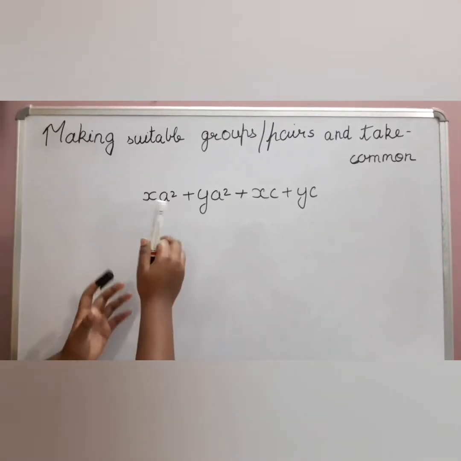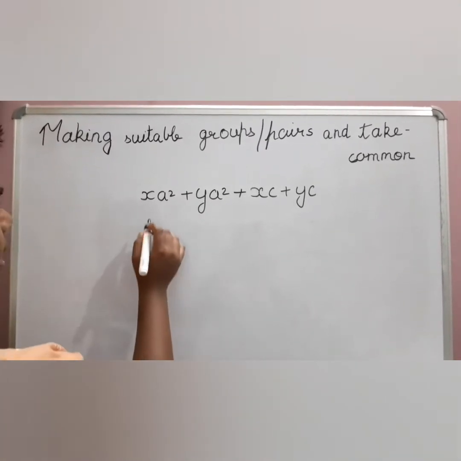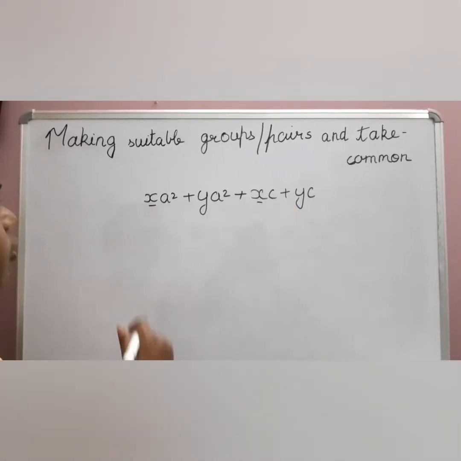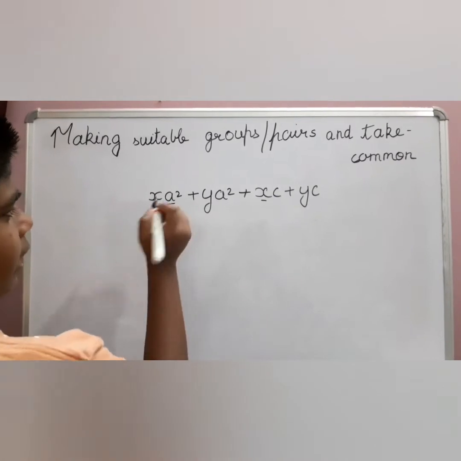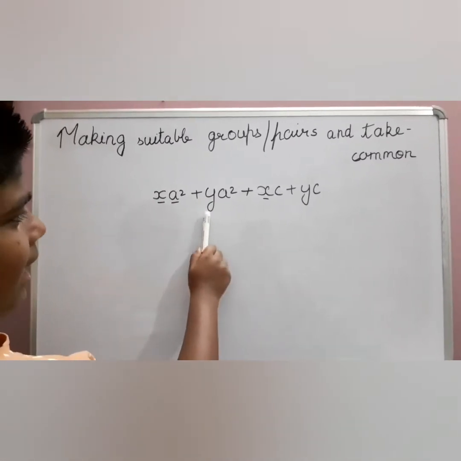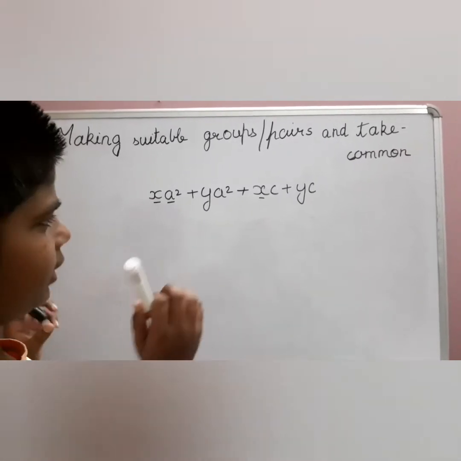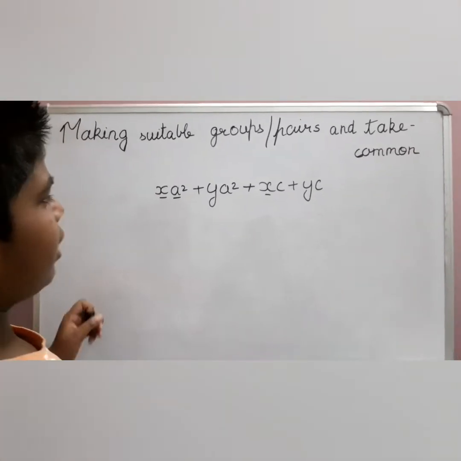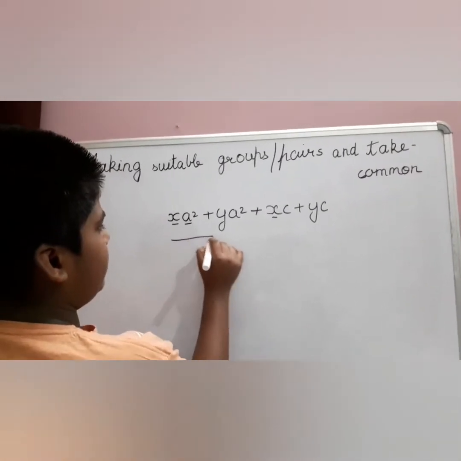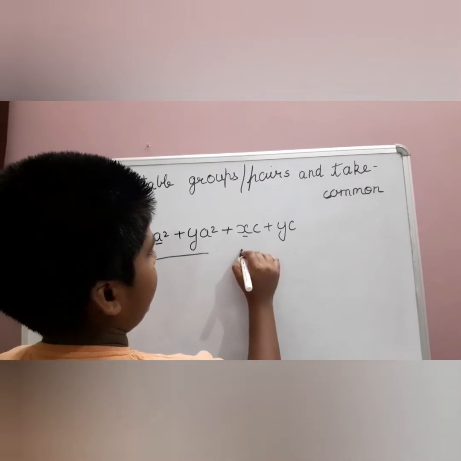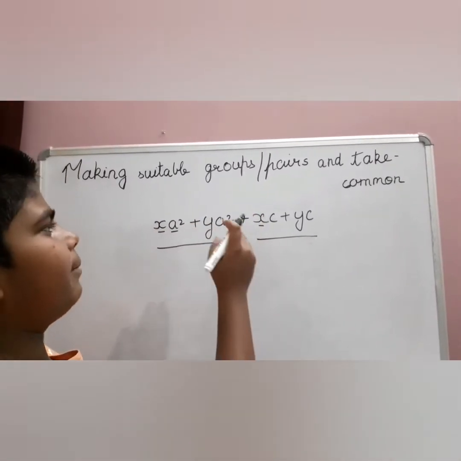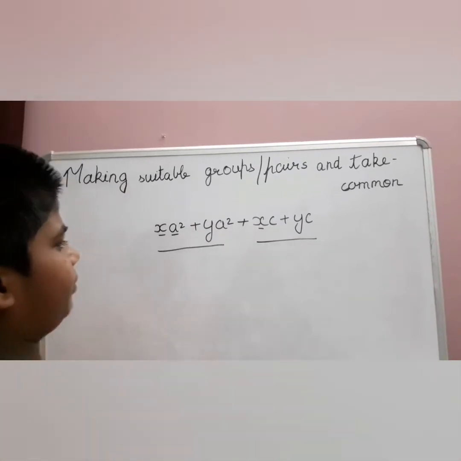Now here you will get stuck, because if you take x common, x is here and here but not there in these two terms. A square is here and here but not there in these two terms. Y is here and here but not there in these two terms. So in this condition, you will make suitable pairs. We make a pair of this, and this, and we recognize a pair by underlining it.